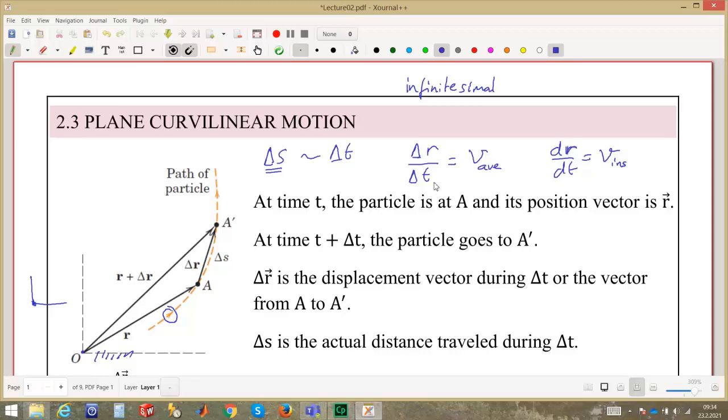And in fact, as we have this delta t very small, then delta r will approach delta s. So they will be almost equal to each other. Delta s and delta r.